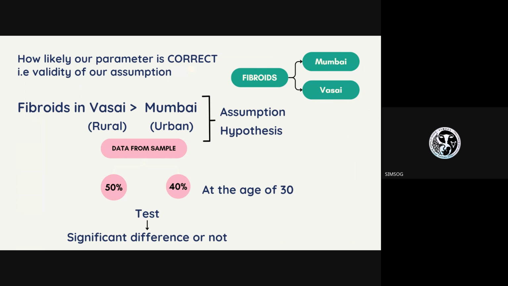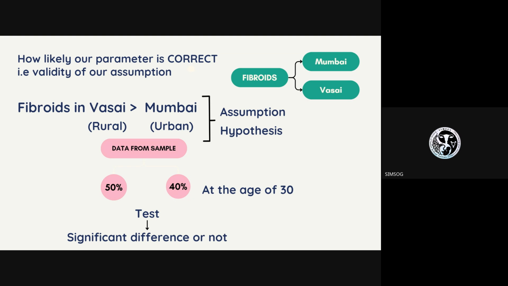So imagine tomorrow I do a study comparing the rate of fibroids in Mumbai and Vasai. Mumbai, you all know, is a city on the western coast of India, just for definition. And Vasai is a town where I am from, in the suburbs of Mumbai. Let's call it a rural place.